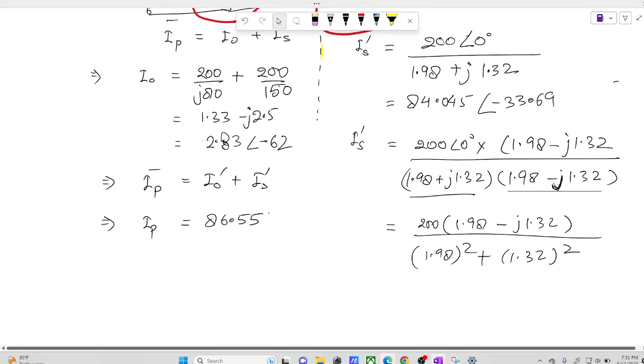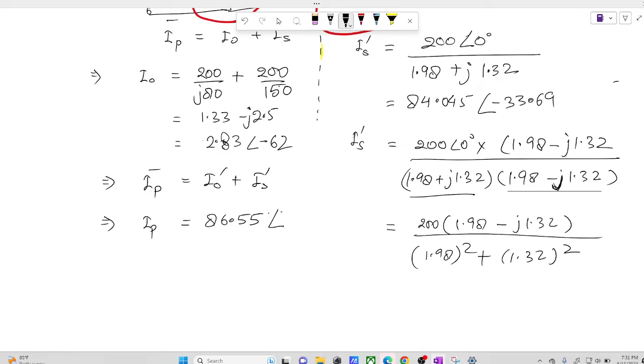So all are getting this primary current as 86.55 angle minus 34.57, yes or no?